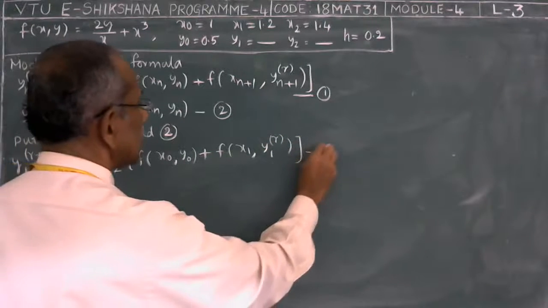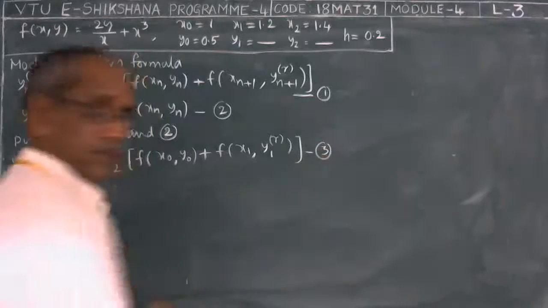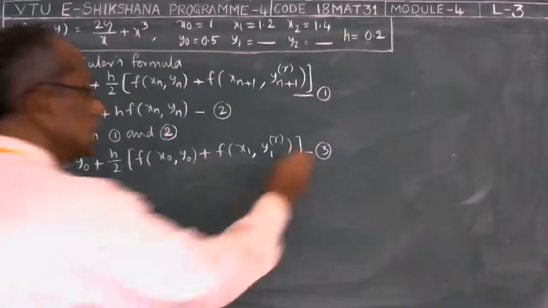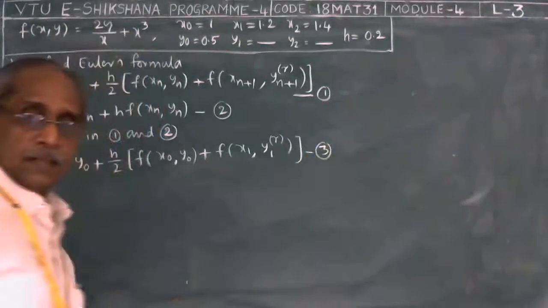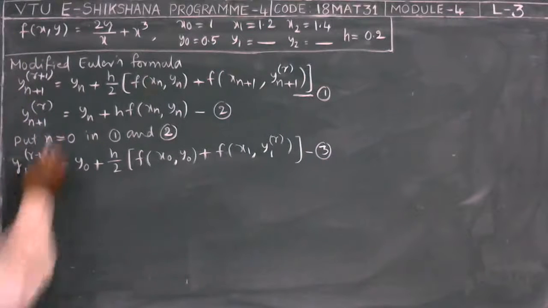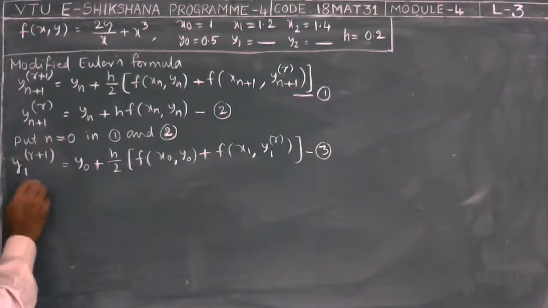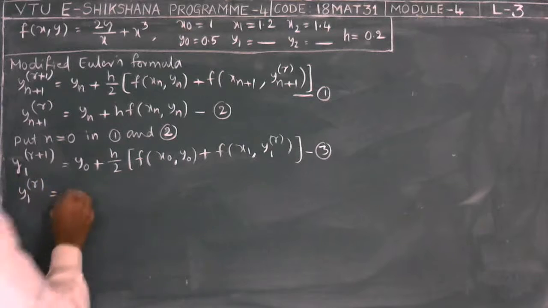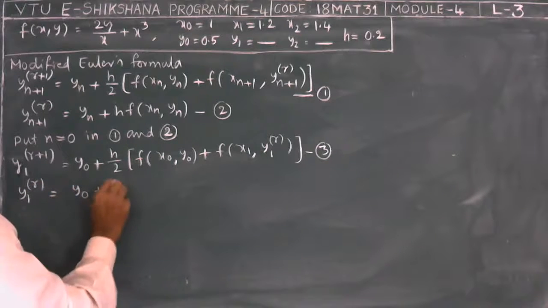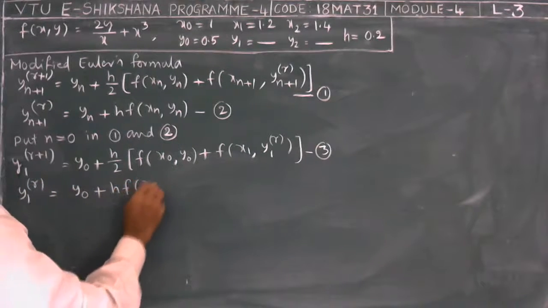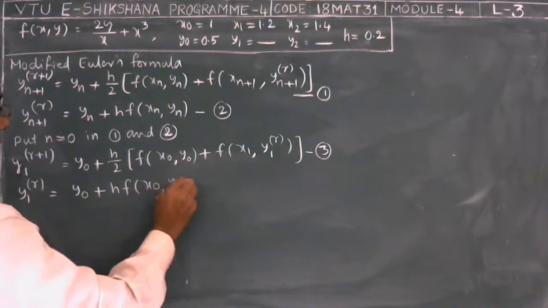Call this equation number 3. Then equation 2 becomes y1 r is equal to y0 plus h into f of x0 comma y0.